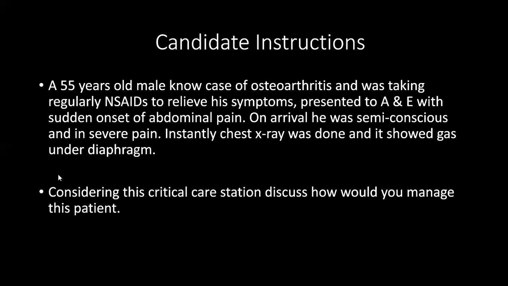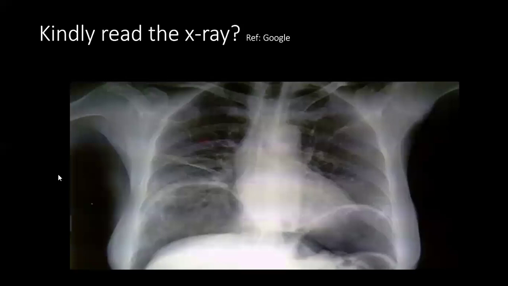Yes, good. Please help me and read this X-ray. This is a chest X-ray PA view showing free gas shadow under the right dome of diaphragm, with elevated right dome of diaphragm. The trachea is centrally placed, and both lung fields are normal.